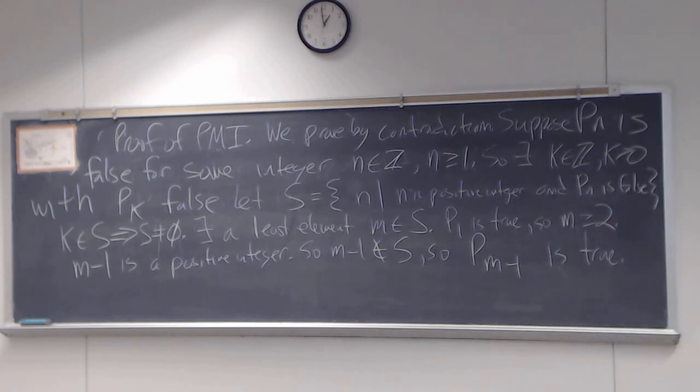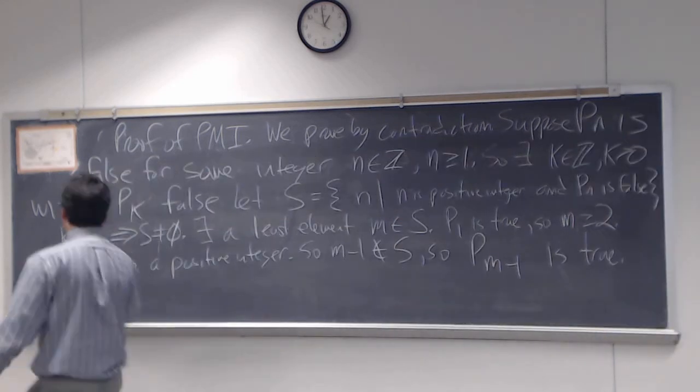Because S is all these integers for which P of that integer is a false statement, and since m minus 1 is not in there, Pm minus 1 must be true.